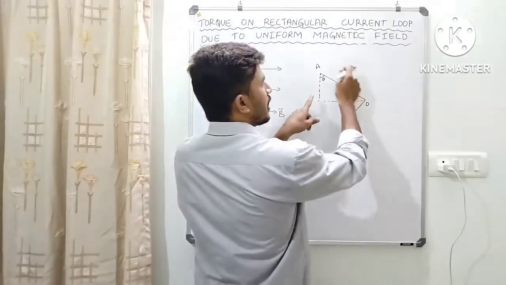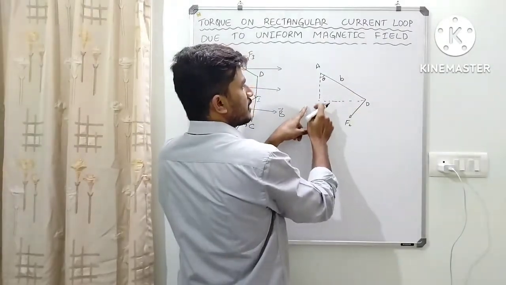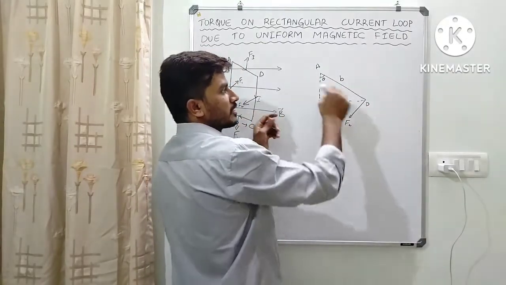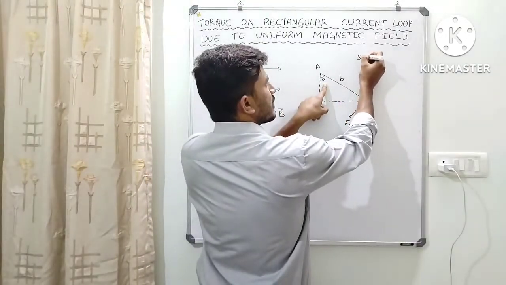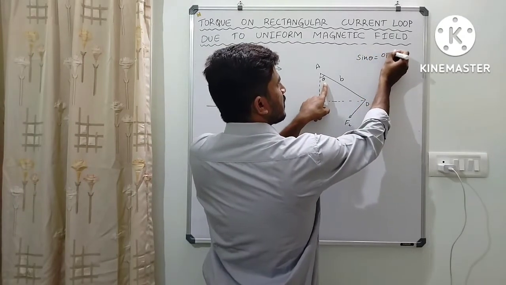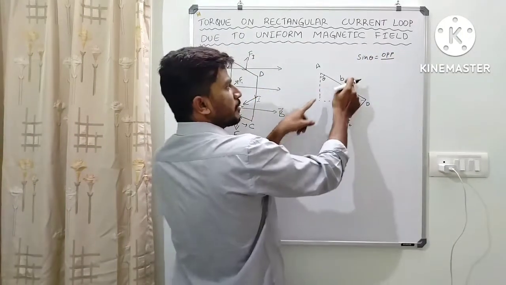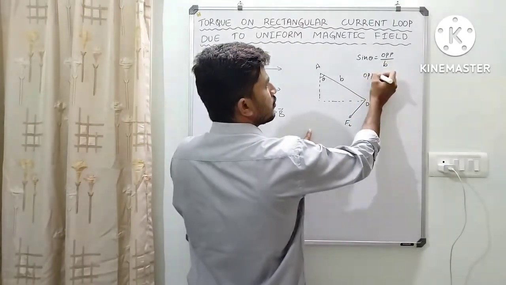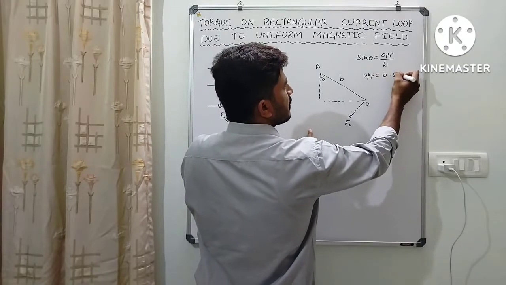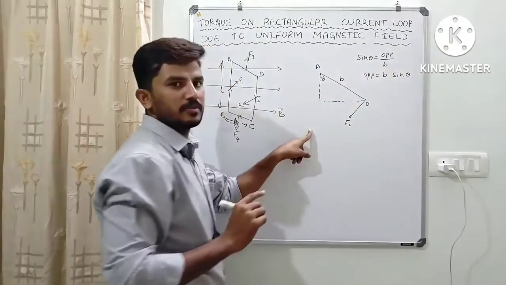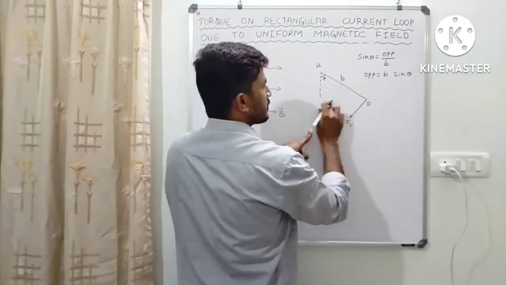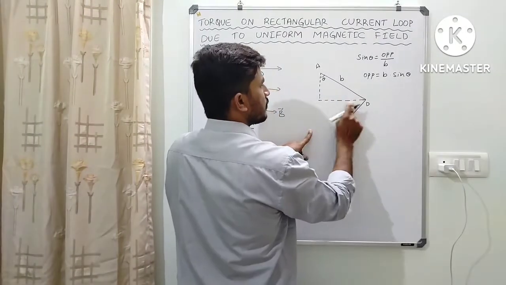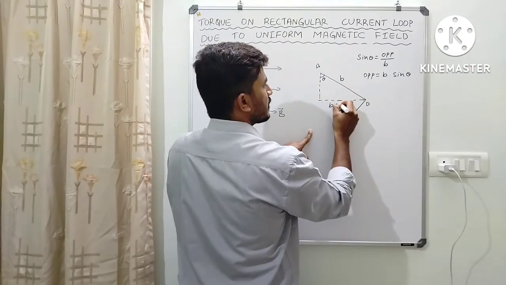Then we have hypotenuse side b, this is opposite side, this is adjacent side. I don't know the opposite side, but I want the opposite side because that is the perpendicular distance. By using theta, sin theta is equal to opposite by hypotenuse. Hypotenuse value is b. Therefore, opposite is equal to b sin theta. So this opposite side will be b sin theta.